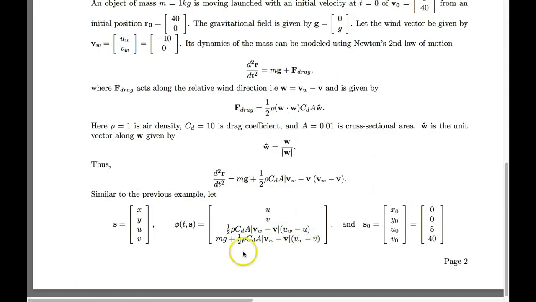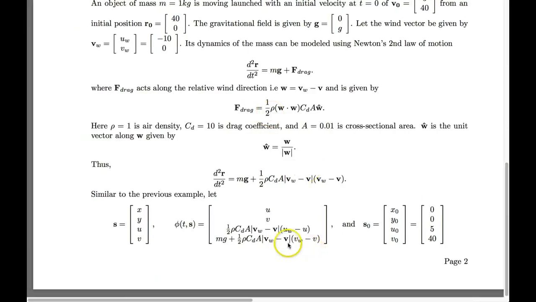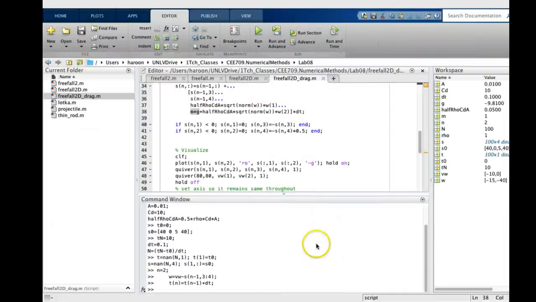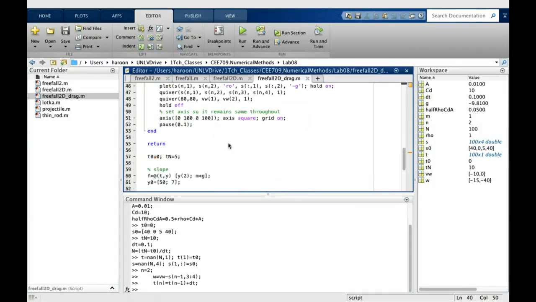Okay. In a similar way, the fourth component is mg plus half rho CdA, the magnitude of the relative wind vector times the y directional velocity difference, so VW minus V.